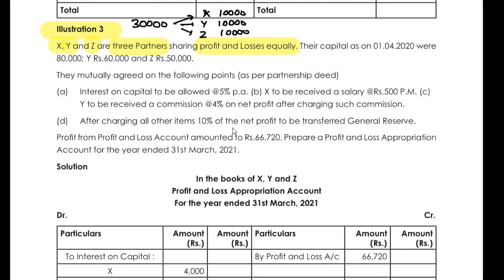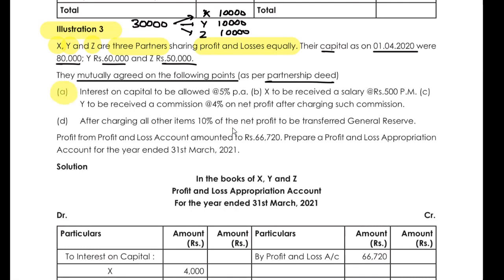The capital as on 1st of April 2020 were 80,000 of X, 60,000 of Y, 50,000 of Z. They have mutually agreed on the following points as per the partnership deed. The partnership deed is an agreement which they come into together so that they can decide who will get the interest, commission, salary, or profit sharing ratio. Those are the very important characteristics of your partnership agreement.